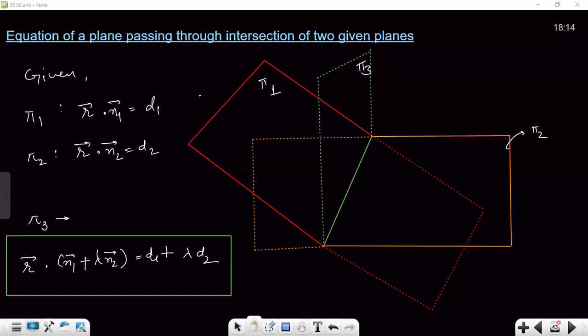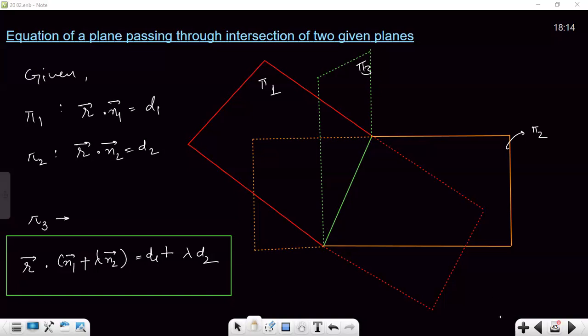Okay, let's find out its Cartesian form as well. So n1 vector we are considering as a1 i cap plus b1 j cap plus c1 k cap. n2 vector will be a2 i cap plus b2 j cap plus c2 k cap. d1, d2 are the d1, d2 only.